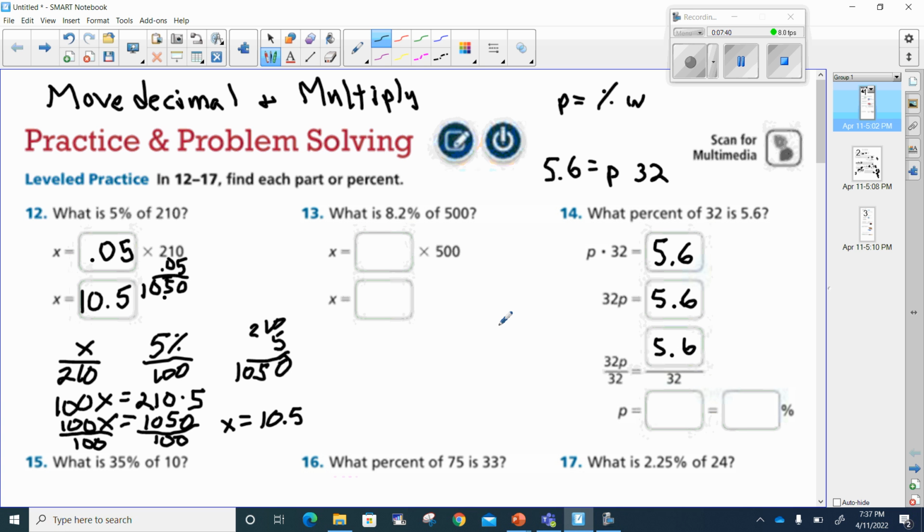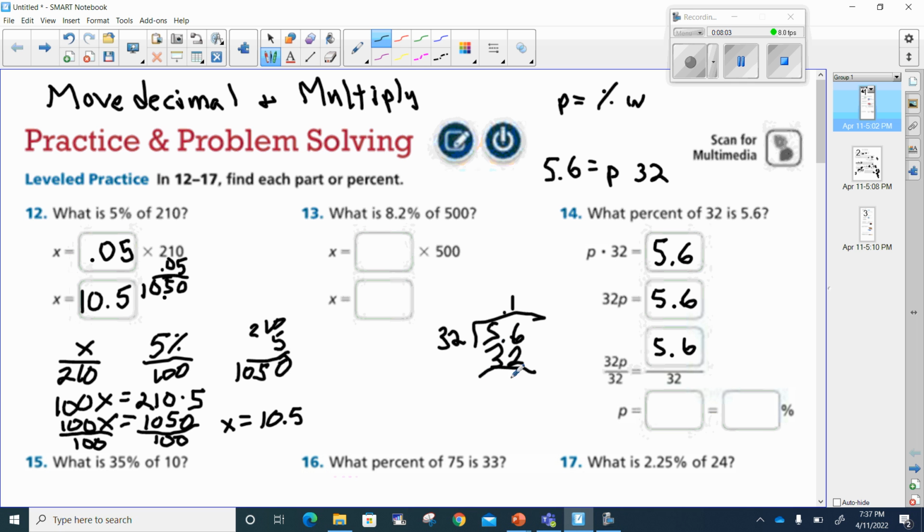Well, 5.6 divided by 32. We have to remember to bring the decimal up. 32 goes into this one time. We know that because 32 times 32 would be 64.